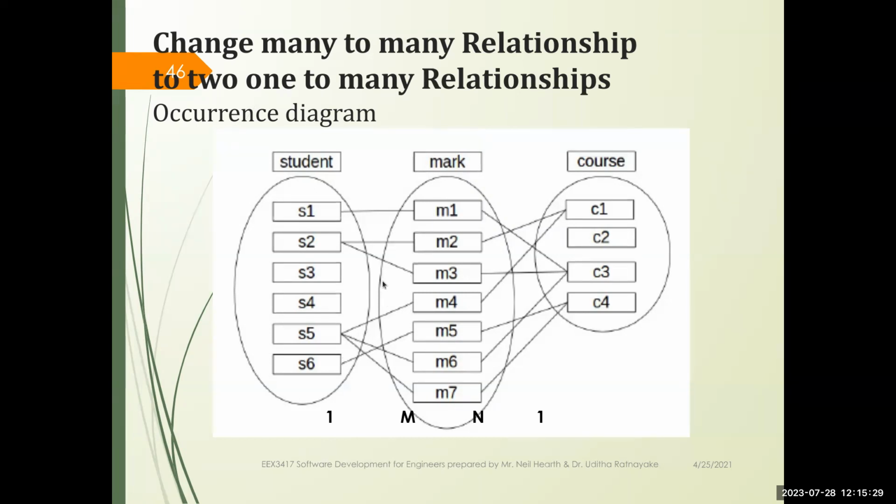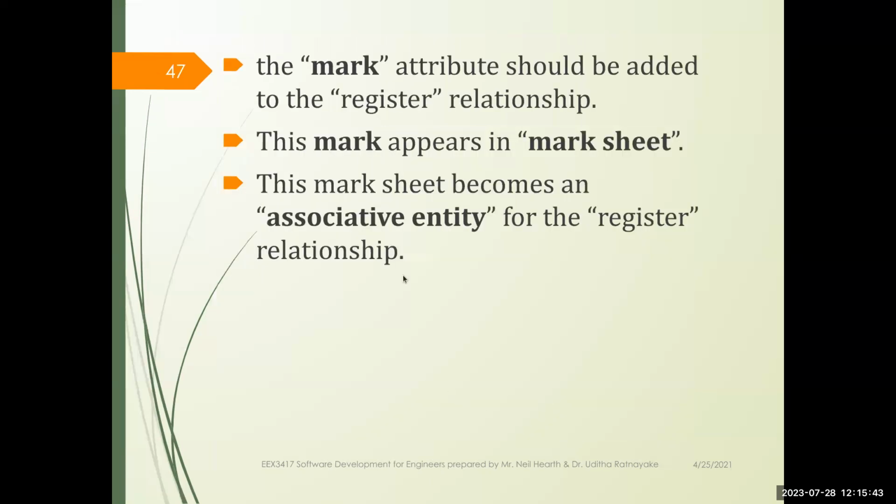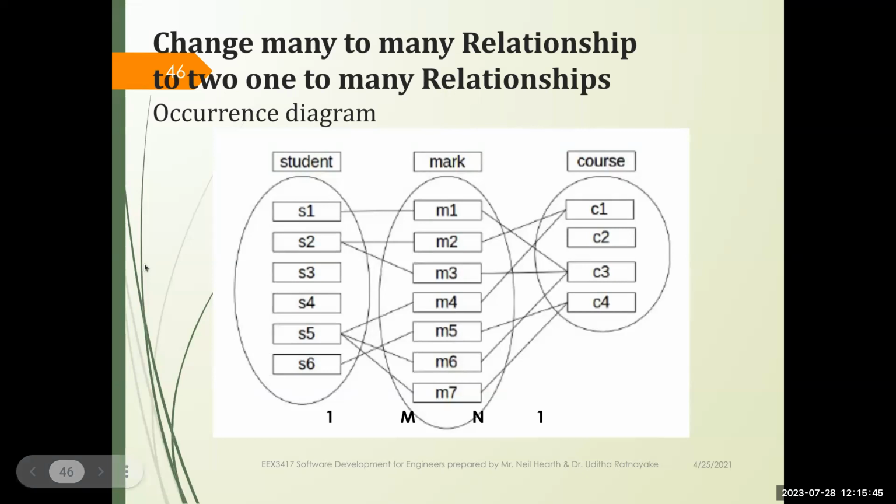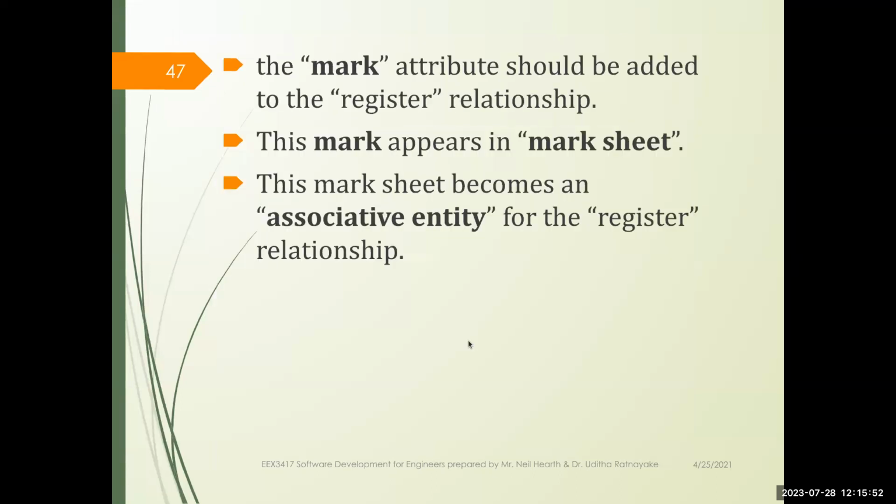Now this side doesn't have many lines. This side also doesn't have many lines. This marks has many lines. So this to this table is one to many. This to this table also has one to many.